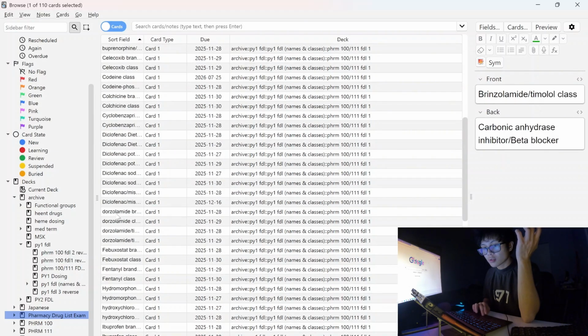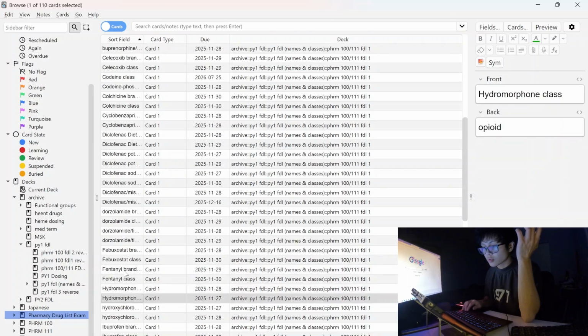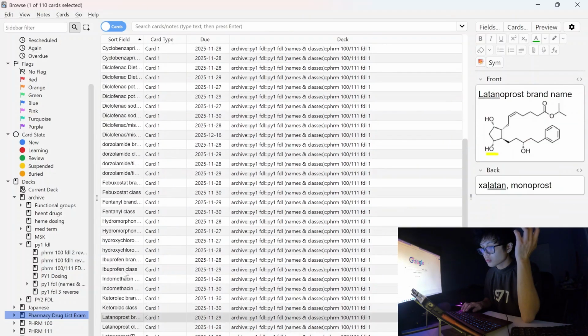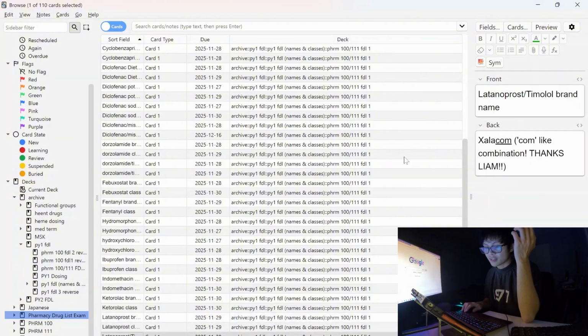Where is it? I guess I can use this example.